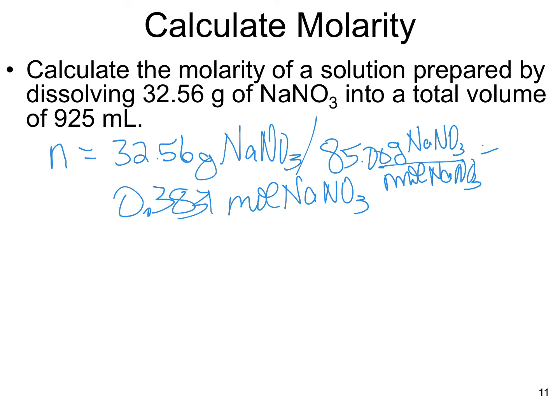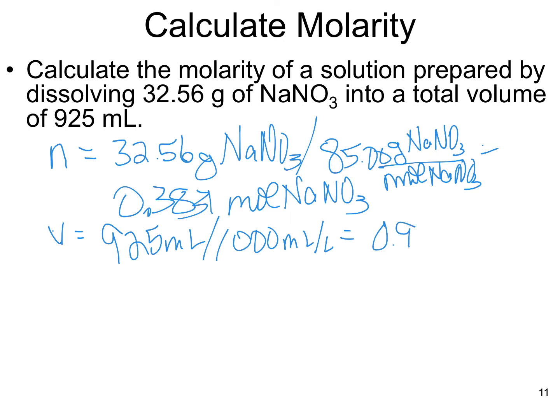The volume in liters is 925 milliliters divided by 1,000 milliliters per liter, giving 0.925 liters.